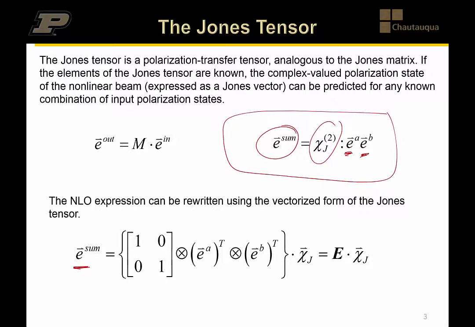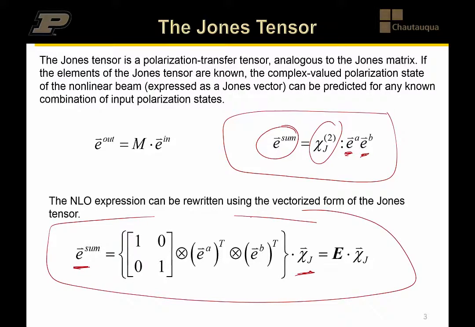We can relate that back in vector notation, where we vectorize the Jones tensor through this linear algebra expression. And what we do is we take the two-element vector and transpose it to make a 1 by 2, and then multiply that, in this case, by itself, because A and B are equal in the case of second harmonic generation. And that makes a 1 by 4 product of the two incident polarization Jones vector elements.